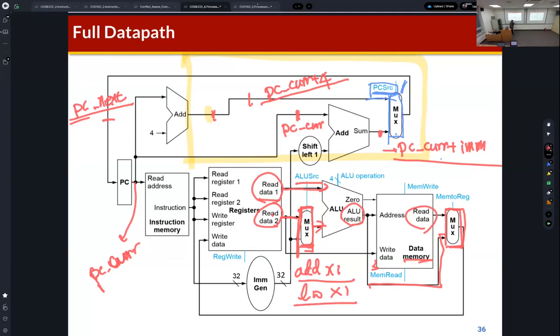If we perform an add instruction, an R-type instruction, the destination register is updated by the result from the ALU.